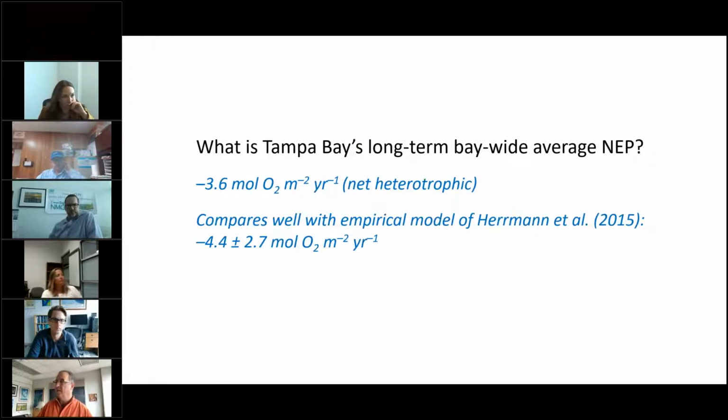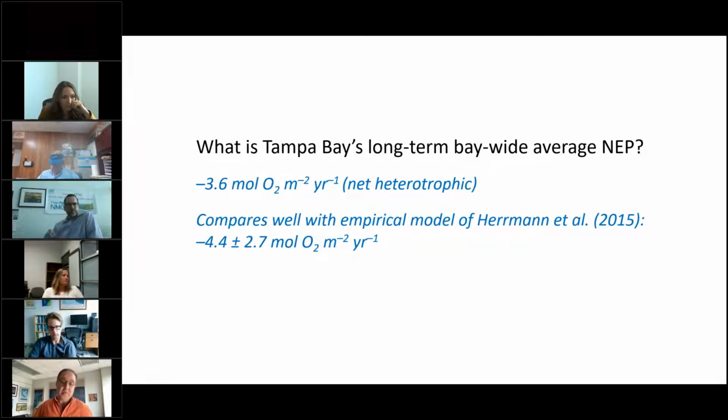So I'll just give you the bottom line. We did this every month in every one of these boxes from 1976 to 2020. And I'm giving you the overall average for net ecosystem production for the whole system over this whole time. And it's minus 3.6 moles of oxygen per meter squared per year. It's negative. That means it's net heterotrophic.